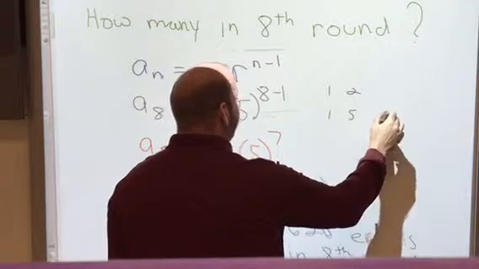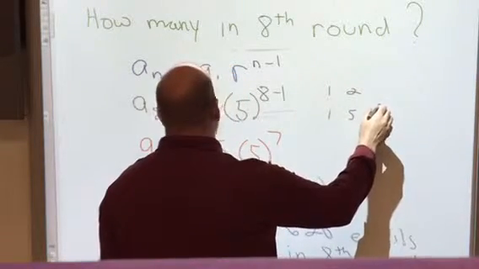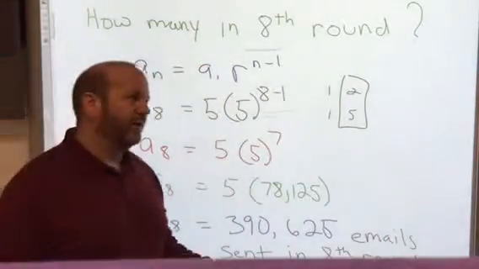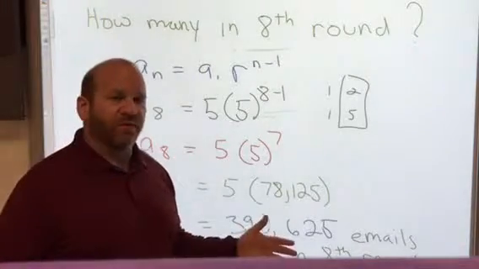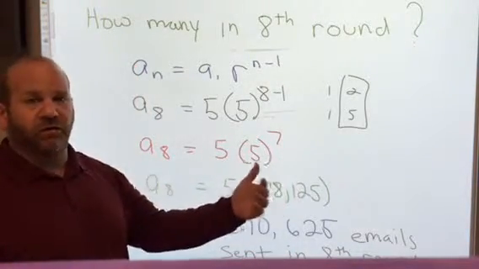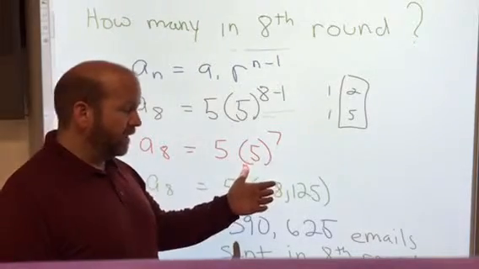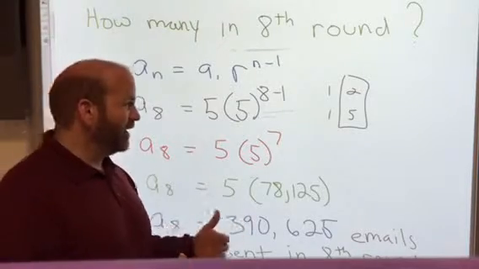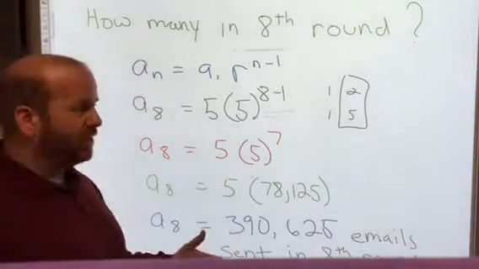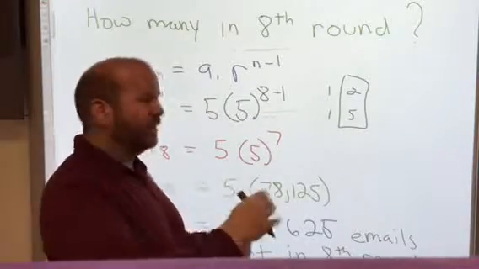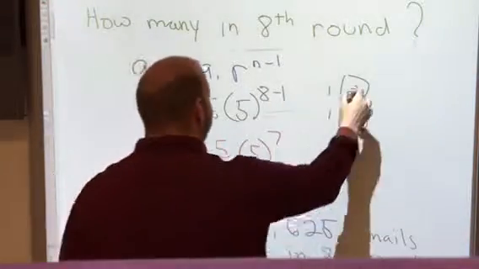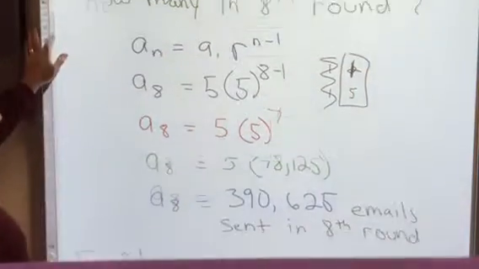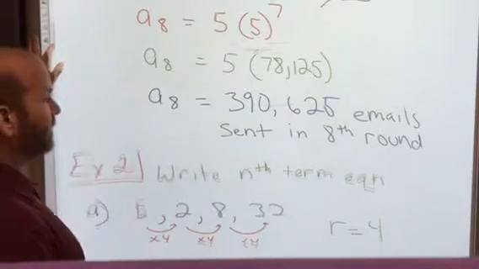The pattern is starting at the first iteration of the pattern, the first time it happens. It happens times 5, so actually the first term is the 5, not the 1. Okay? So 390,625 emails sent in the 8th round.